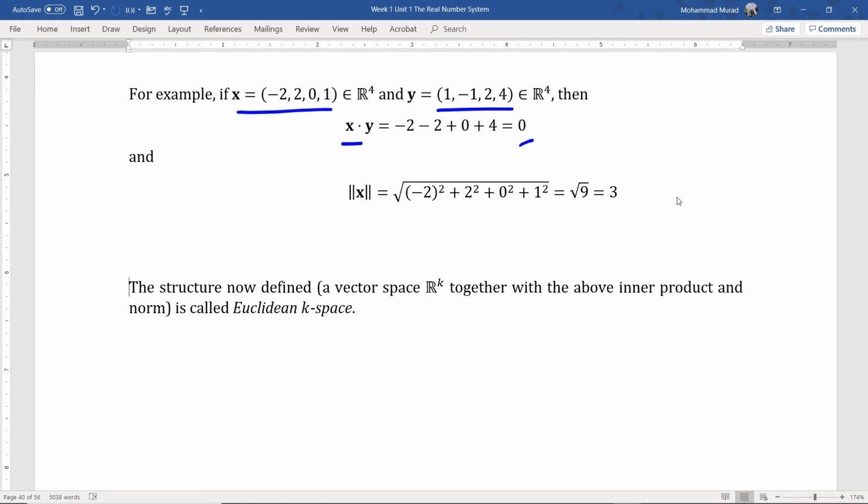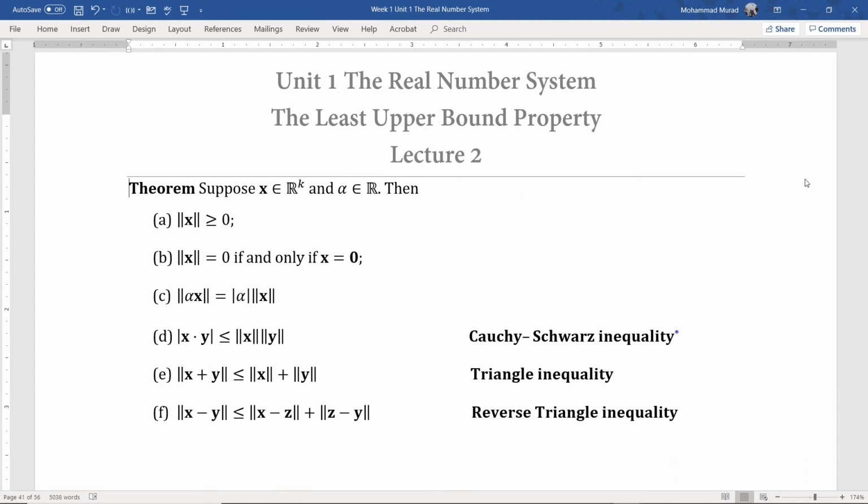And the norm of the vector x is the positive square root of the sum of the squares of the coordinates of x, which is the positive square root of 9, which is simply 3. A vector space Rk together with the above defined inner product and norm is a mathematical structure called Euclidean k-space.